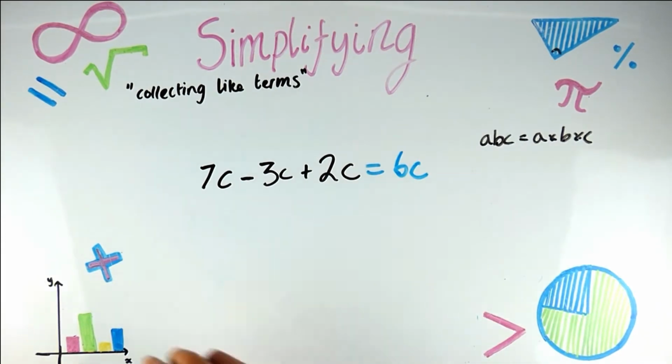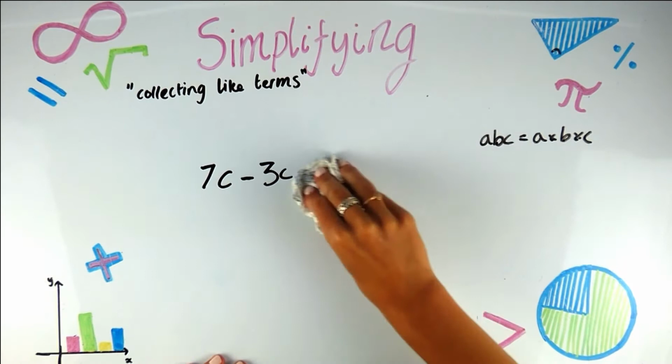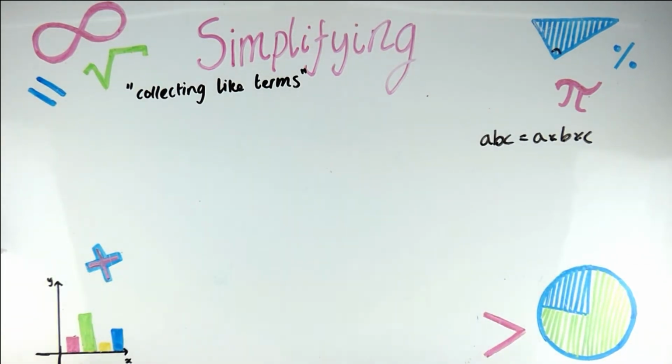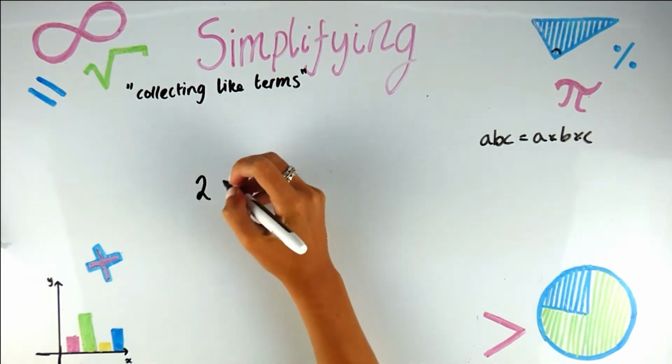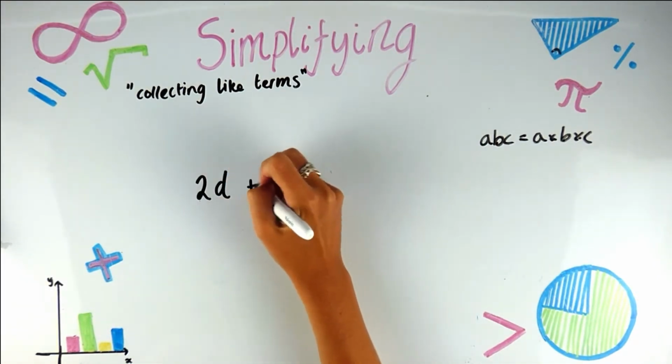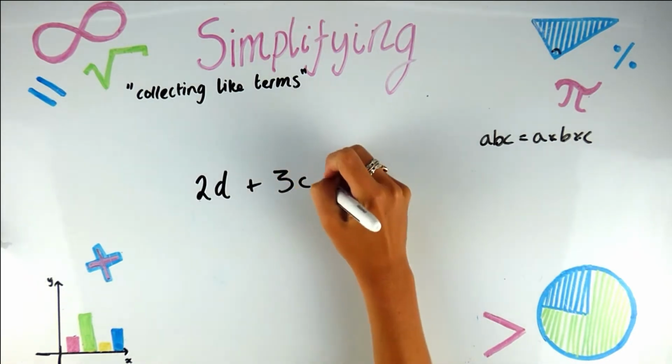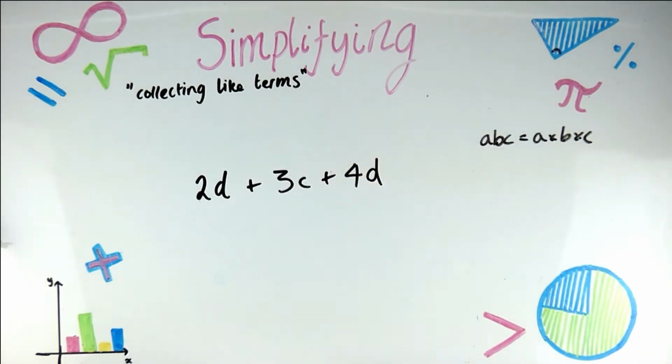Okay, what if we now mix up the terms? By mixing up the terms, I mean, for example, 2D plus 3C plus 4D. The way to do this, I would say, just to make it clear for you, is to circle like terms.